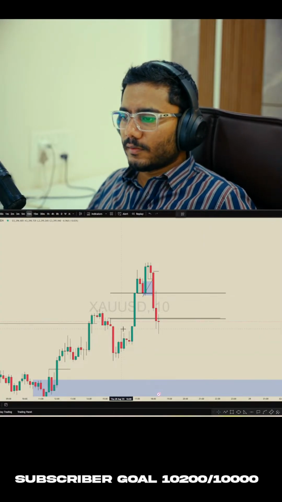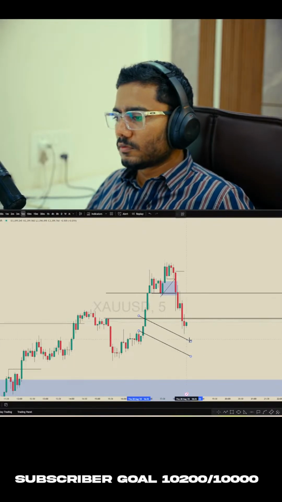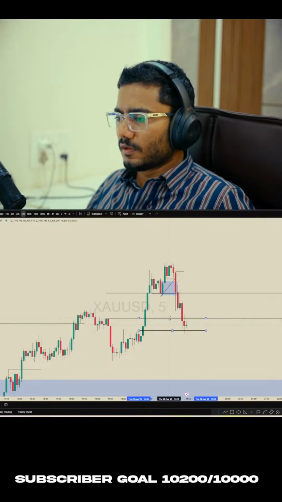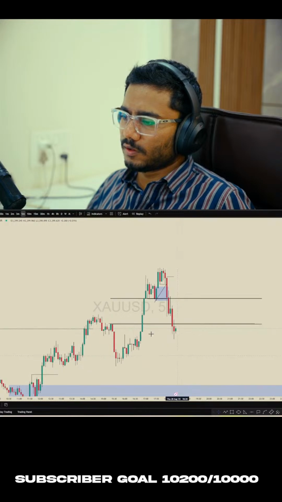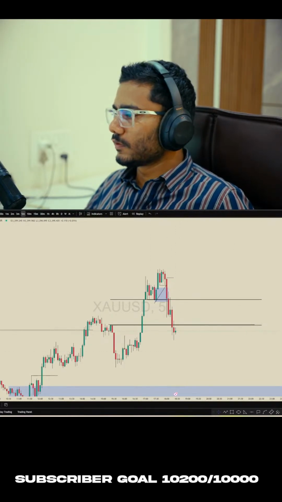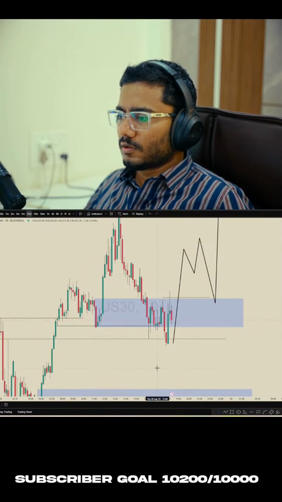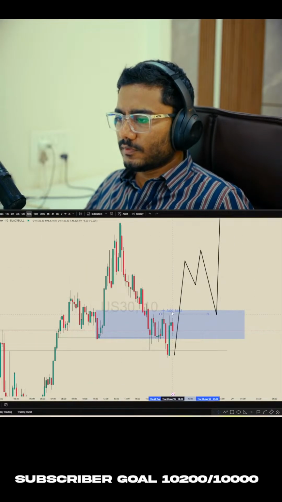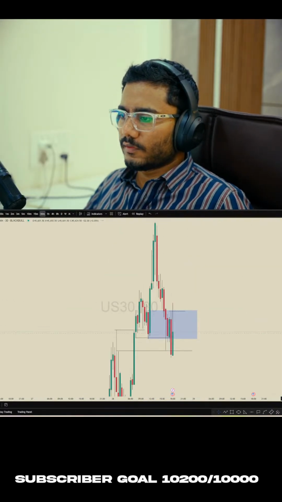So price is rejecting based from this sort of block. Look at this, this is the imbalance. I thought it would react from this breaker block, but there is this whole order block thing going on. Breaker block, order block setup. Let's wait for price to clear the structure break over here, and then we can look for retest and continuation.